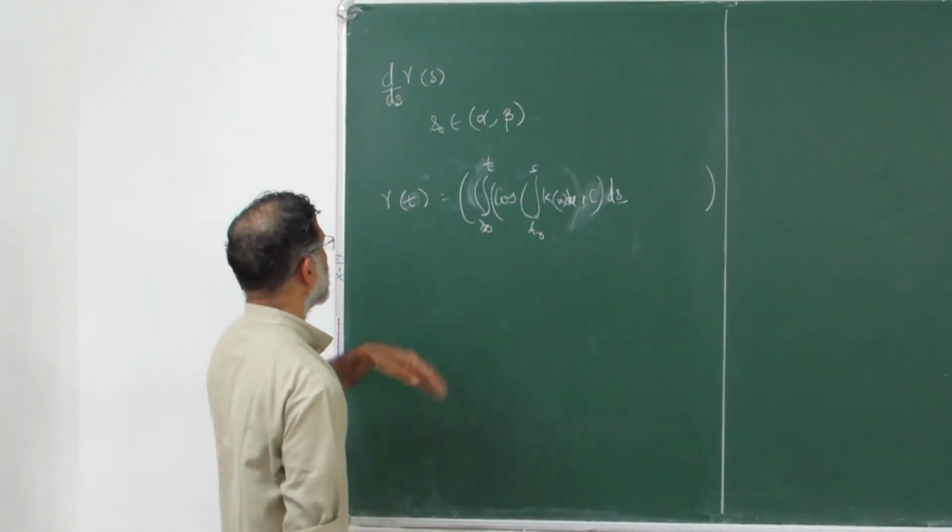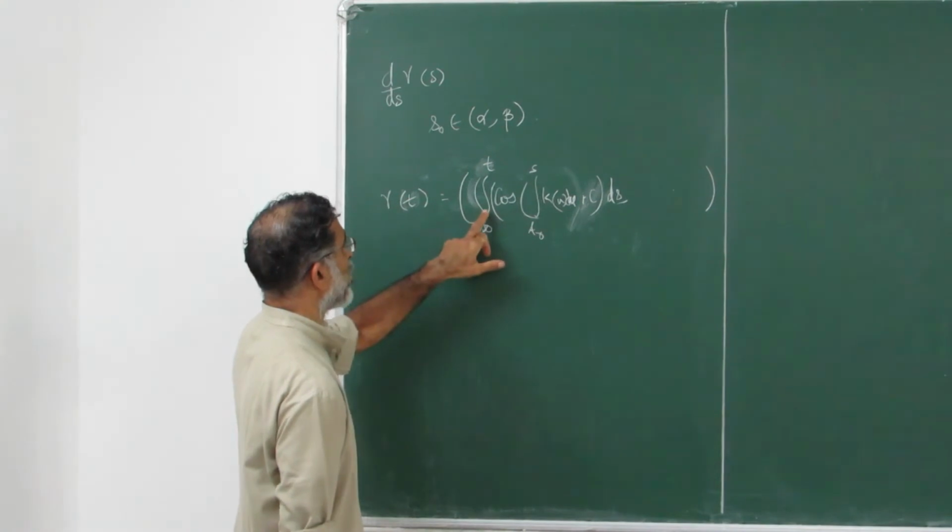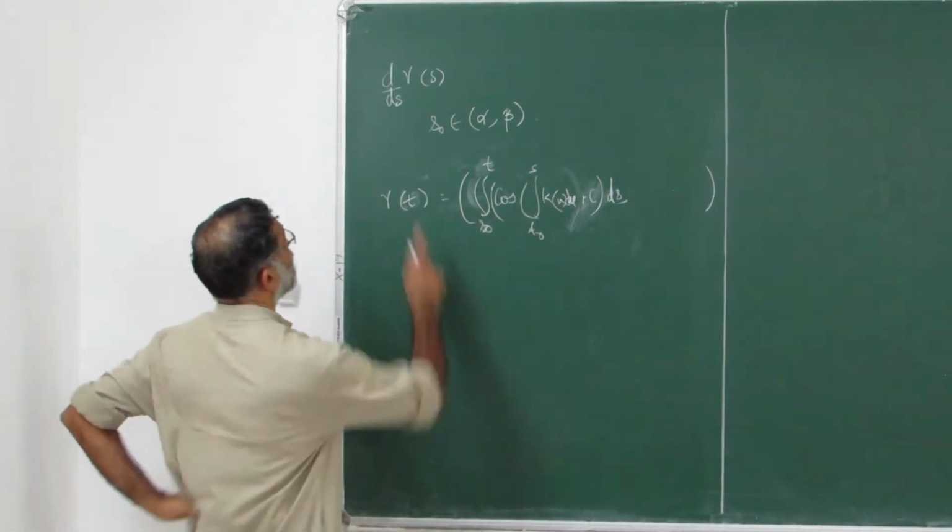Now you can go back. What is gamma dot? Gamma dot is the expression that we had earlier.